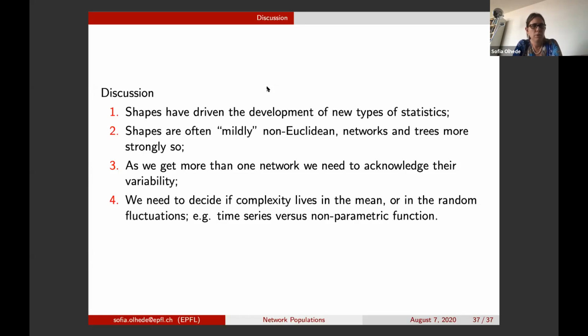Now, this is a choice which happens in statistics in many different areas. It happens in time series where people always assume that you've estimated the mean and chucked it out because you didn't care. But there's also non-parametric function regression where you assume that everything lives in the mean. And the problem also comes up in functional data analysis.